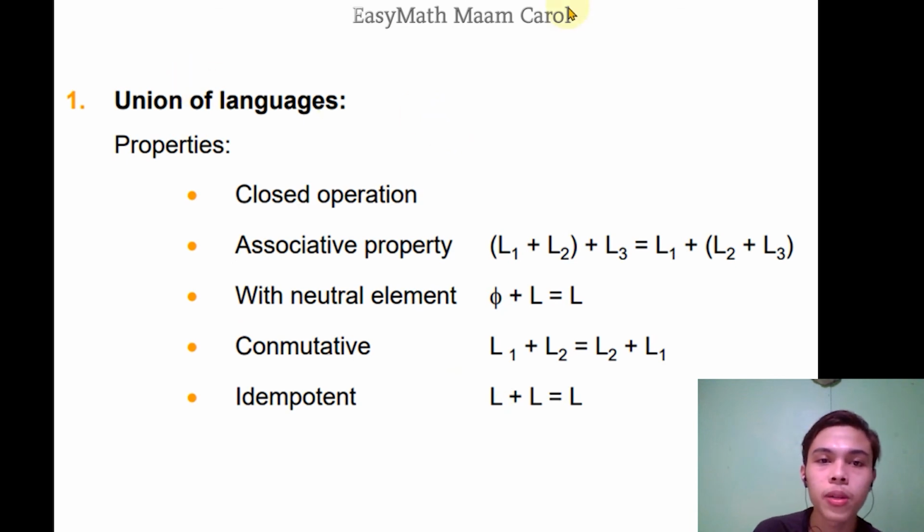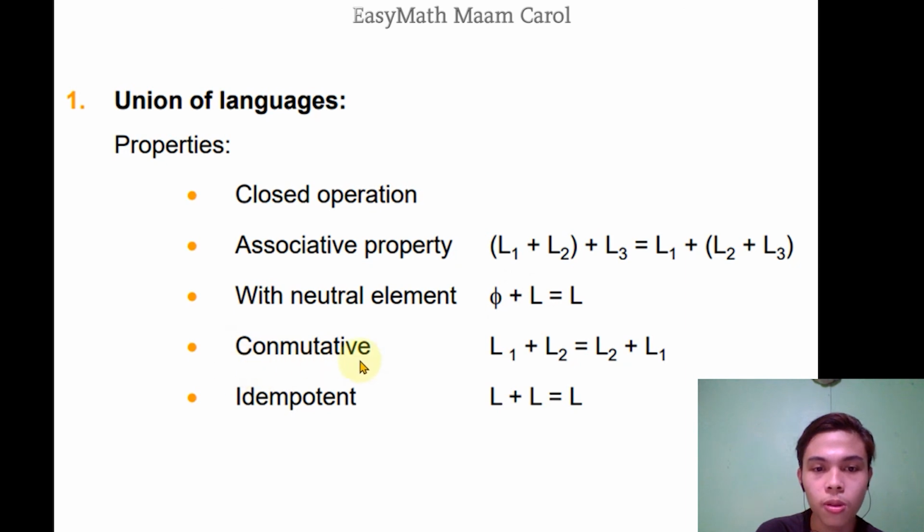So here are the properties of union of languages: the closure operation, and the associative property. L sub 1 plus L sub 2 plus L sub 3 is equal to L sub 1 plus the rest. With a neutral element, so from the word neutral, it's just nothing, or 0 plus L, that's L. And this is also a typographical error.